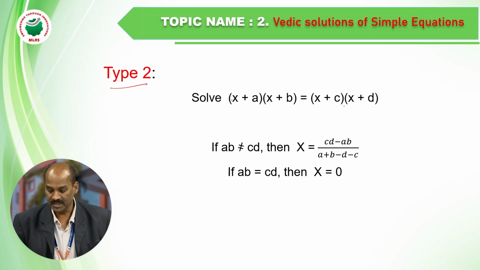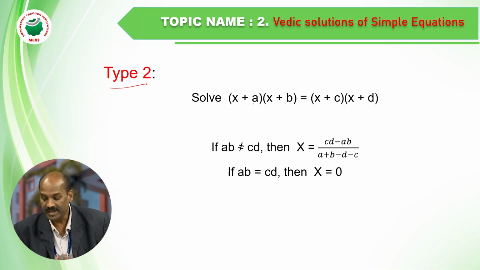But the x coefficient is 1 in each of them. So that is the important observation. And here x is the unknown, only one variable, and a, b, c, d are the constants. Now how to solve this problem? Means how to find the value of x. Suppose the problem is like this.